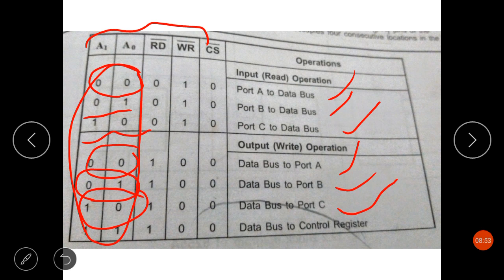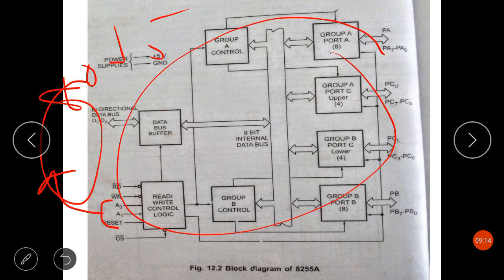If RD bar is low, it means RD bar is activated and WR bar will be 1, because RD bar and WR bar cannot both be activated at the same time. So if RD bar is low and A0 A1 status is 0 0, the microprocessor is going to read the data of port A, meaning whatever peripheral device is connected to port A, the microprocessor is going to read that data.